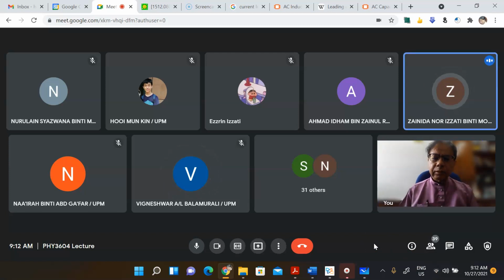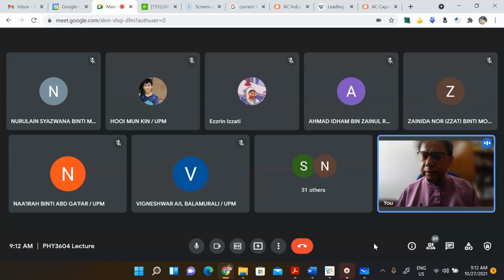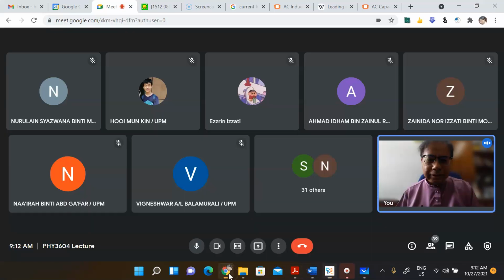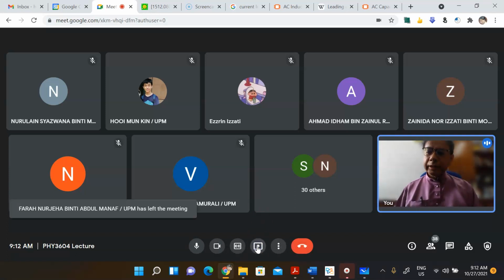Yes, much better. So probably it's just my data is not so good. I've not shared my screen.